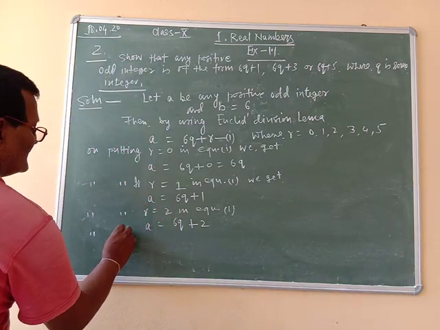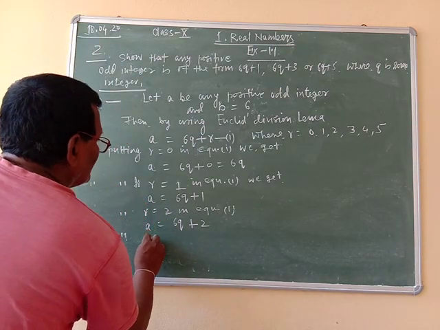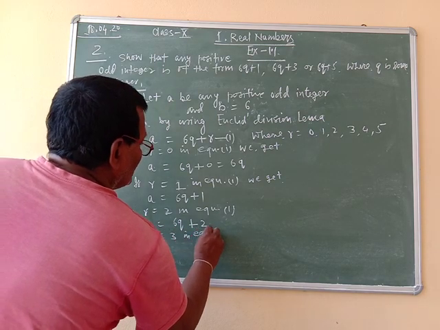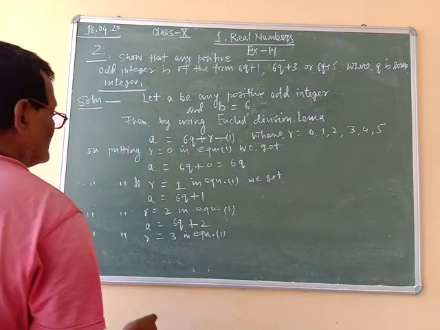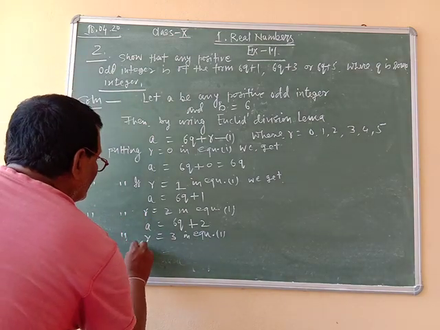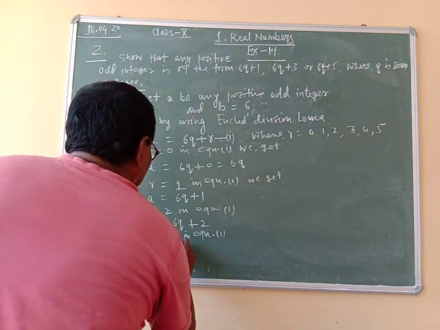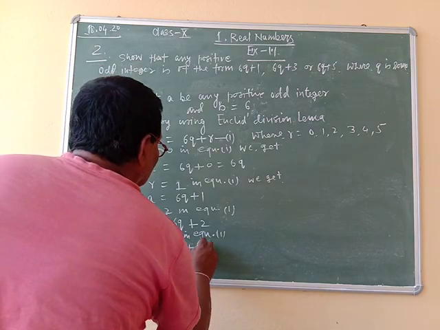On putting r equal to 3 in equation 1, a equals 6q plus 3.